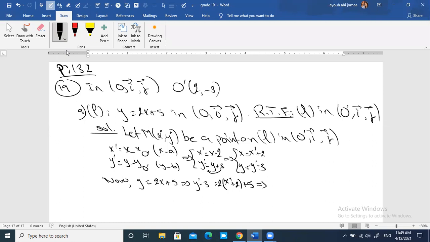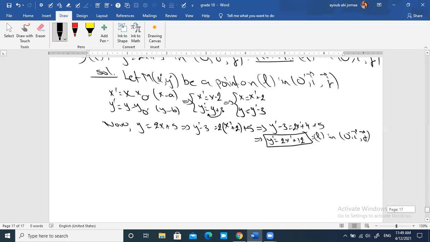Then y prime minus 3 equals 2x prime plus 4 plus 5, so y prime is equal to 2x prime plus 12. So this is the equation of line L in the system O prime I J.